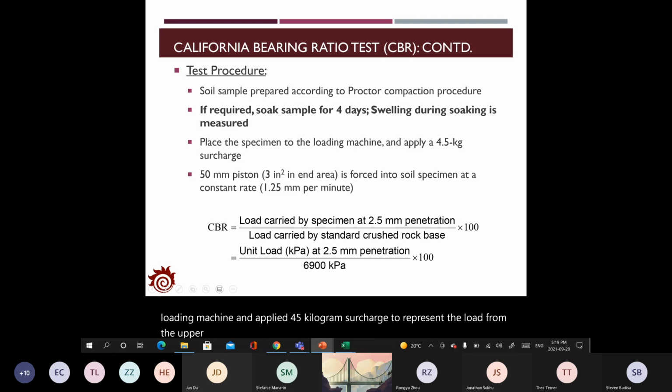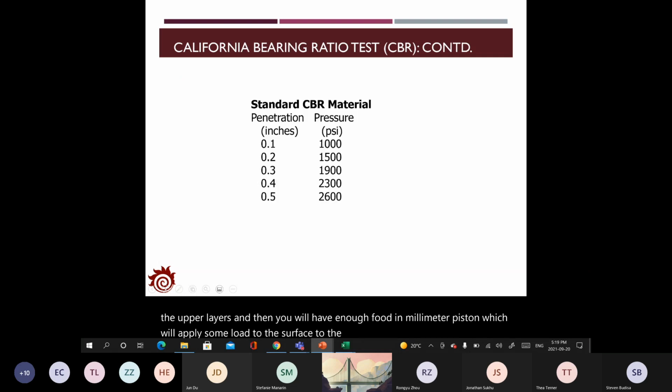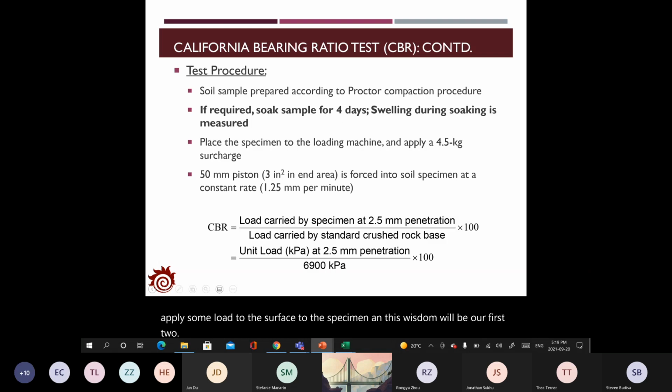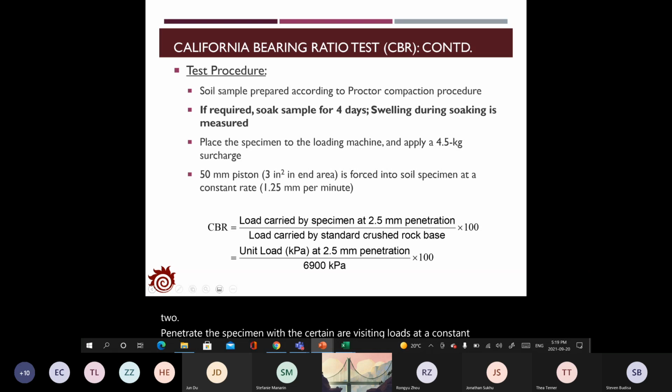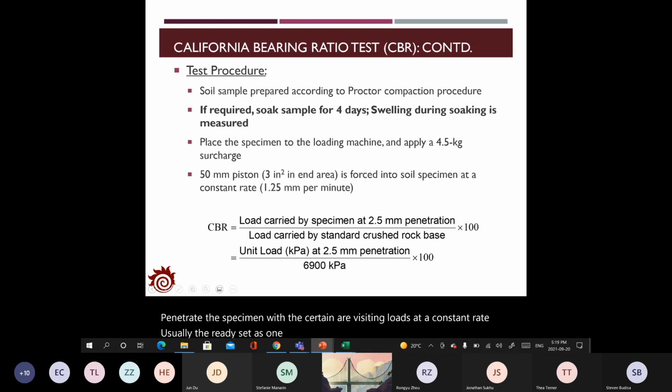And then you will have the 50 millimeter piston, which will apply some load to the surface of the specimen, and this piston will be forced to penetrate the specimen at a constant rate. Usually the rate is set as 1.25 millimeter per minute.